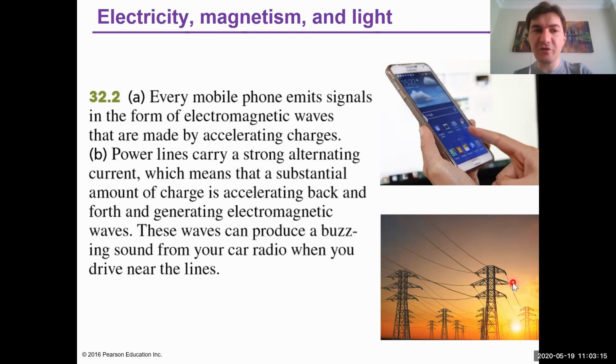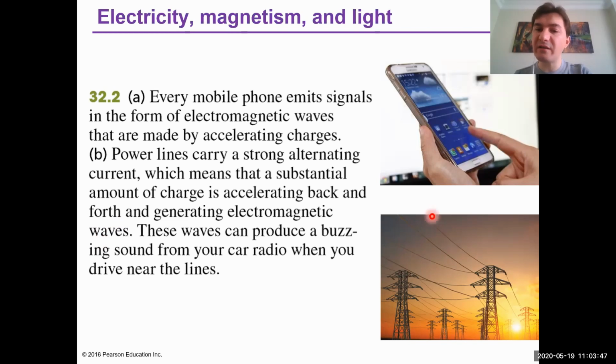Here, I show you power lines. We distribute the electricity. We take it from the power station to the home, okay? So there is an AC current here. So current fluctuates like this, oscillates like this. So then we have a very huge amount of charge accelerating back and forth and generating electromagnetic waves.